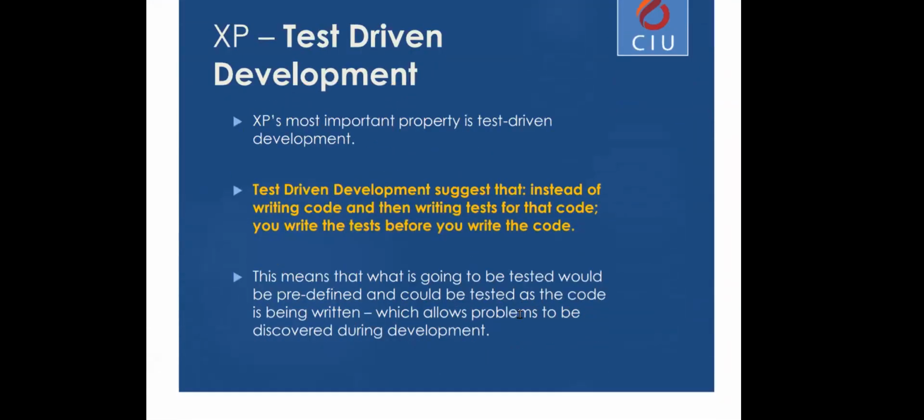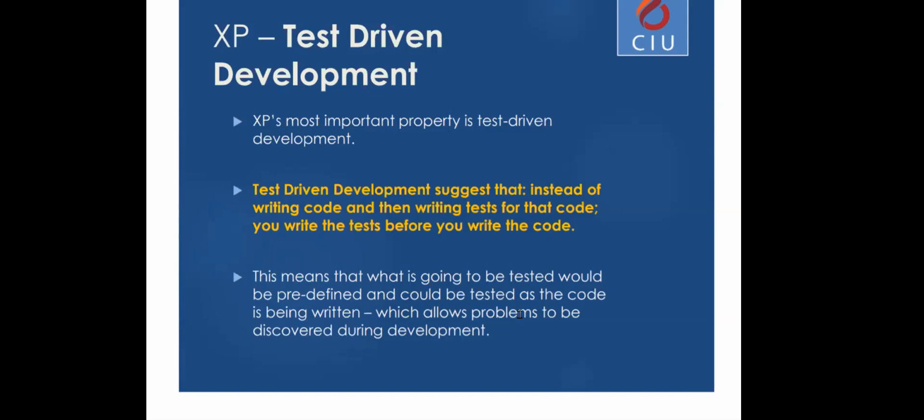Now, test-driven development is an interesting one. You will come across this in job offers that ask you to work in an agile development environment, because this is basically what they use. In a test-driven environment, it is probably XP's most important property. It suggests that instead of writing the code and then writing the test for that code, you do the opposite.